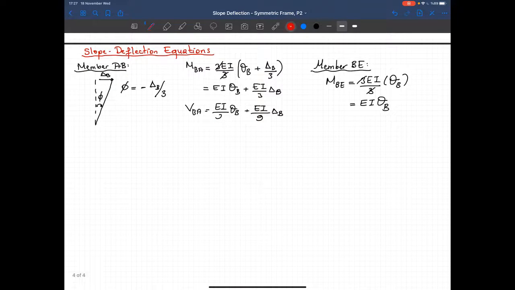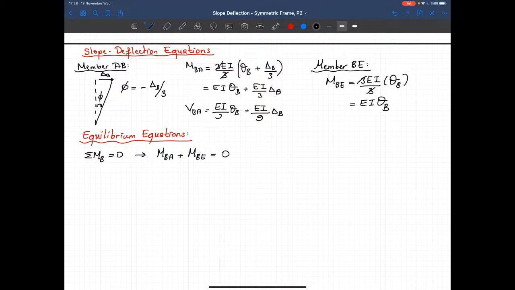Now I can write the equilibrium equations. First equilibrium equation is the moment equilibrium at B, which tells me that MBA plus MBE must be equal to 0, and this will give me my first equilibrium equation, which is 2EI theta B plus EI over 3 delta B equal to 0.